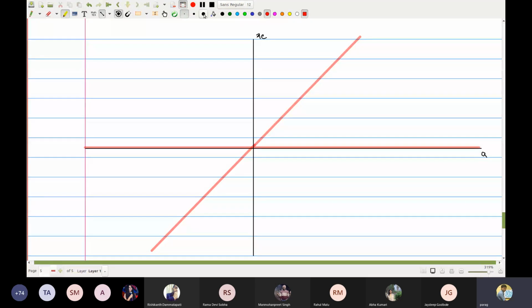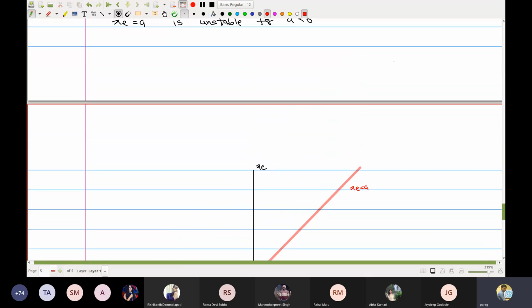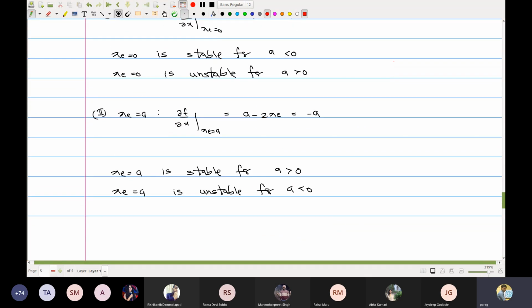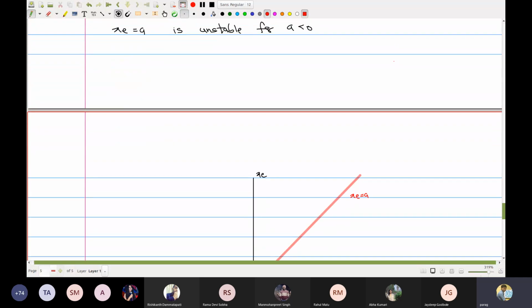And now what I have to do is label this as stable or unstable. So this is xe is equal to 0 and this is xe equal to a. My condition is that for x is equal to 0, stable for a less than 0.